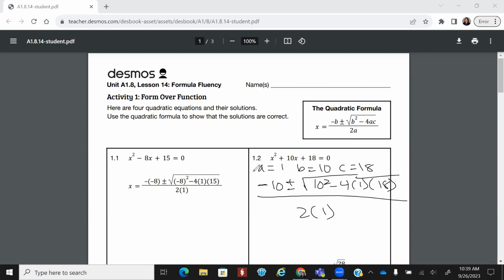Now, we're going to simplify. Is the outside already simplified? Yes. So we're just going to bring that guy down. On the inside, if I plug all that junk into my calculator, what do I get? 28. And then we're going to divide it by 2 times 1, which is 2.